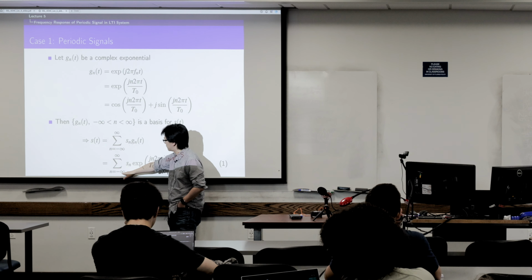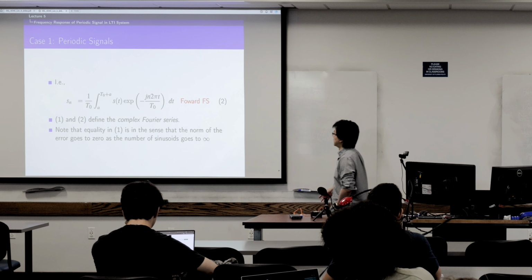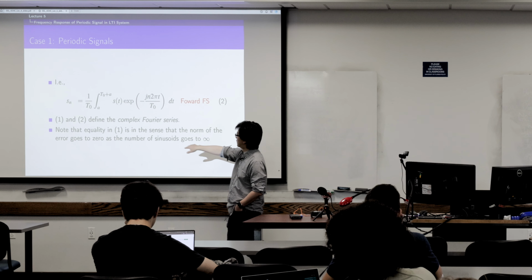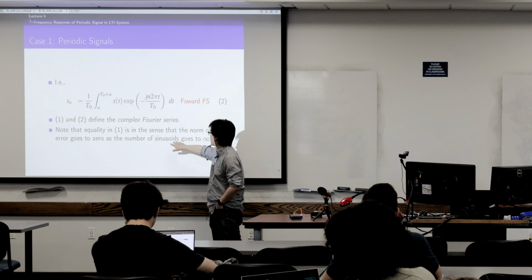But if we have only a few of them, these two will not be equal exactly, but may look similar. This is what we want to emphasize in this sentence: the norm of the error goes to 0 as the number of sinusoids or complex exponentials goes to infinity. Otherwise, there will be a difference.